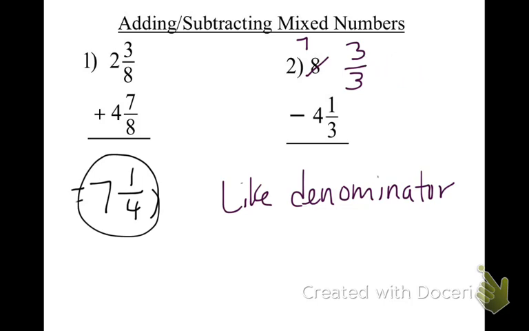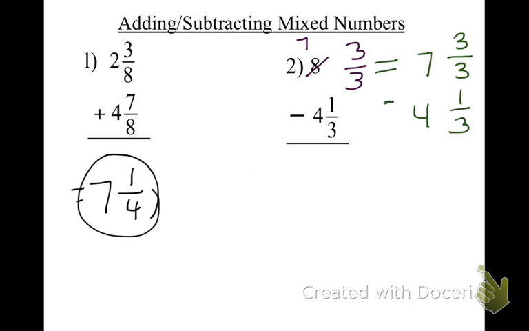So let's go ahead and rewrite this so it's a little nicer looking. This is going to be equal to 7 and 3 over 3. I am subtracting, and then my 4 1/3 comes along. So now, what do you think I should do? Well, I think I should go ahead and subtract. So I subtract my whole numbers. What's 7 minus 4? 7 minus 4 is 3.